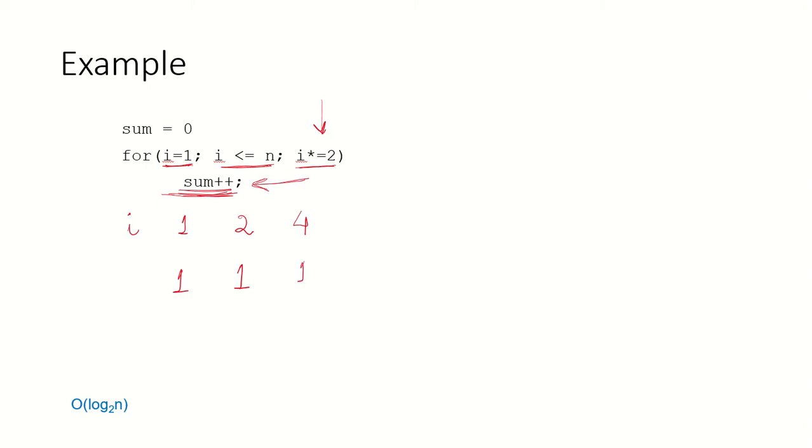So again this sum would be executed and it will take time 1. This will go on till I becomes n, and again this sum would be executed. So in how many iterations will I become n? We have to compute the number of iterations when I will become n.